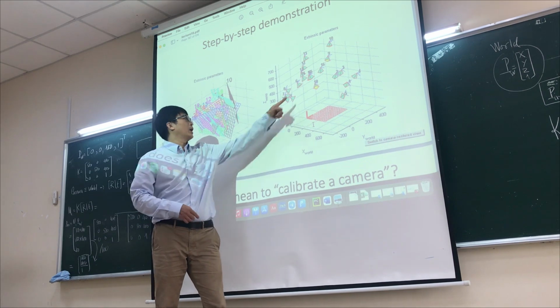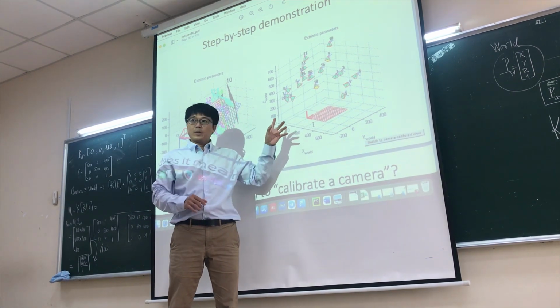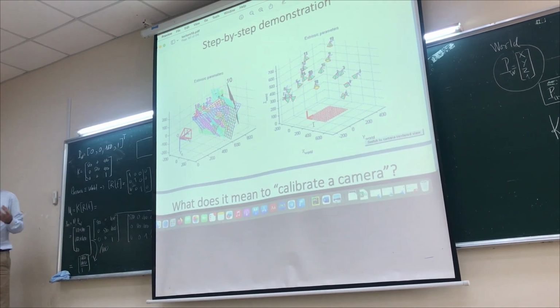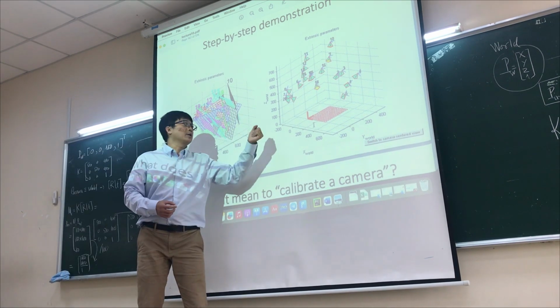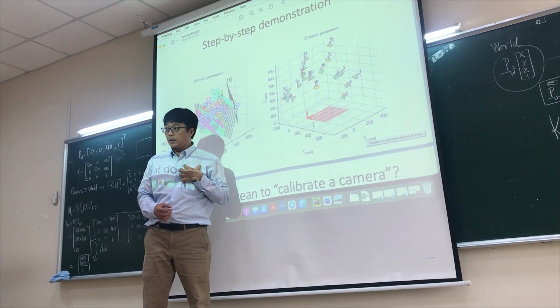Now the camera will capture images, and you can capture many of them. If you capture 10 images, then you have 10 images and 10 camera positions.